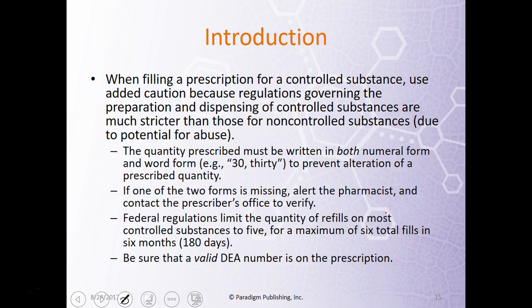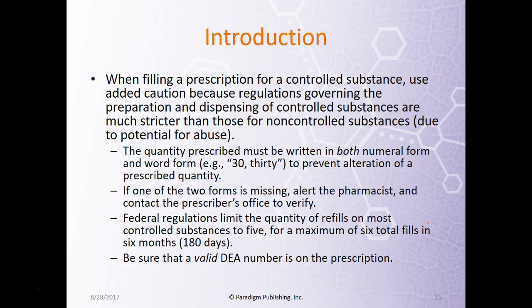When filling a prescription for a controlled substance, use added caution because regulations governing the separation and dispensing of controlled substances are much stricter than those for non-controlled substances. The quantity prescribed must be written in both numeral form and word form, 30 and thirty, usually with one of them in parentheses, to prevent alteration of the prescribed quantity.